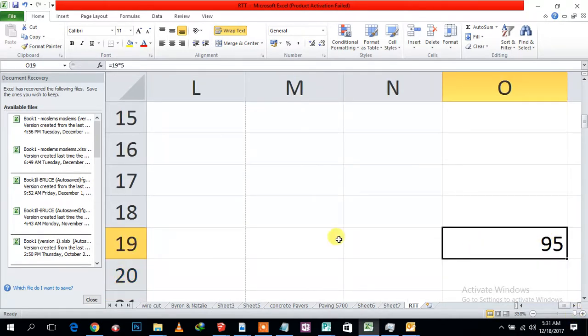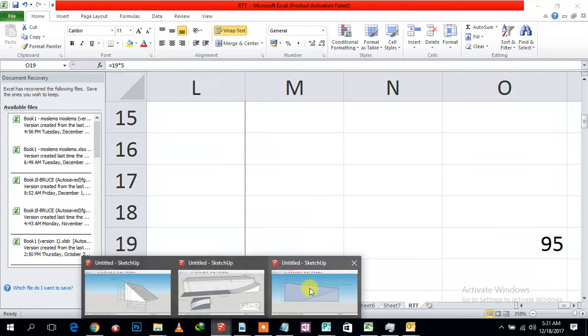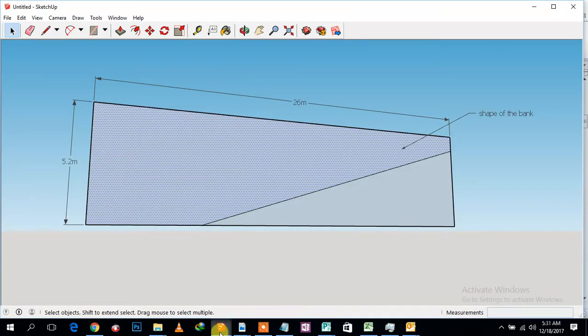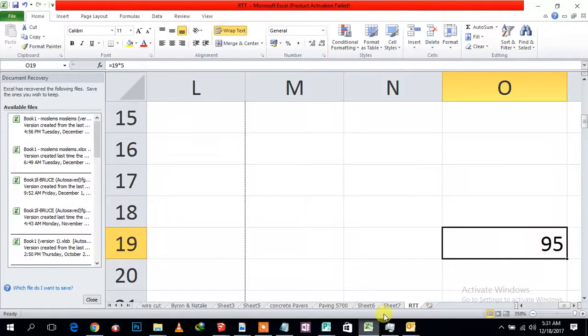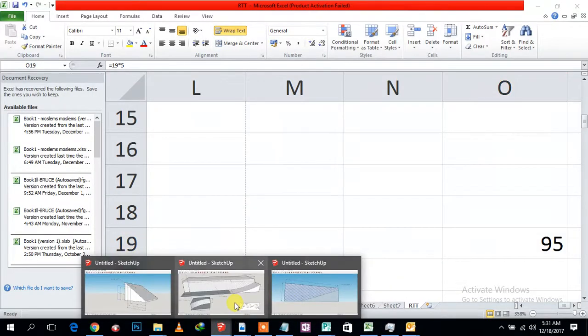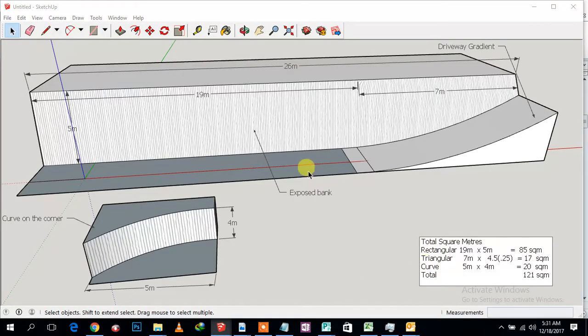If we then calculate the remaining sections, we have this triangular shape, the last 7 meters of the driveway, 7 by a height of 4.4. We then take half of that, because the formula is half base times height, so we get about 14 square meters.